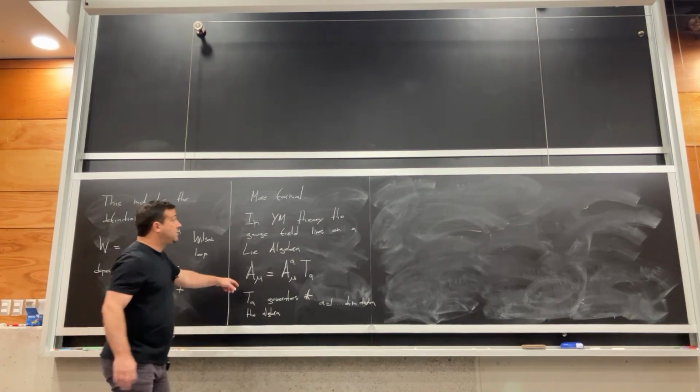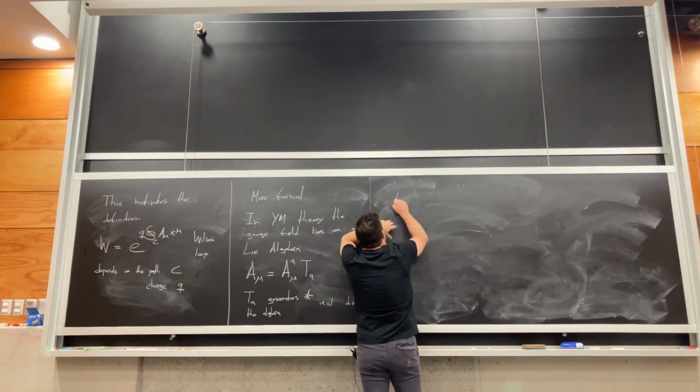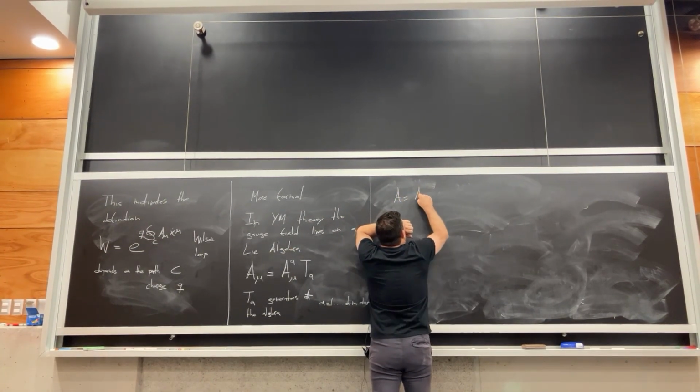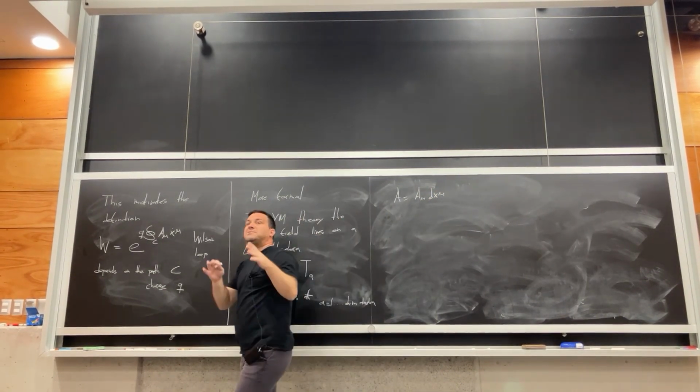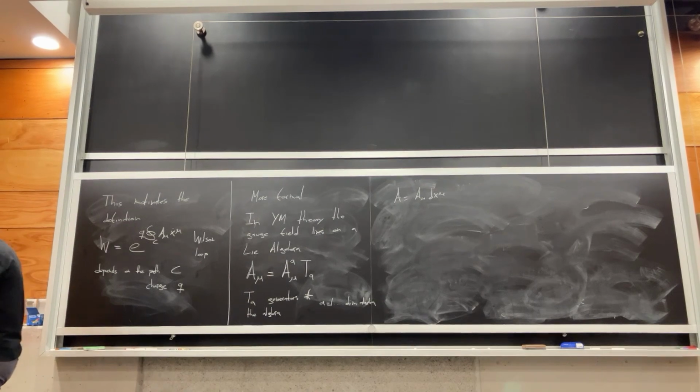Now, I will also use the notation A as A_mu dx^mu. So I will hide also sometimes the index mu, just for convenience.